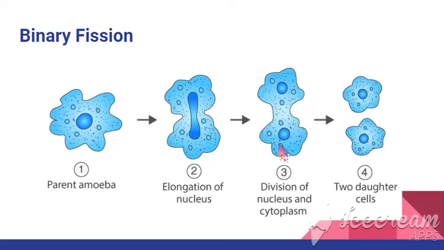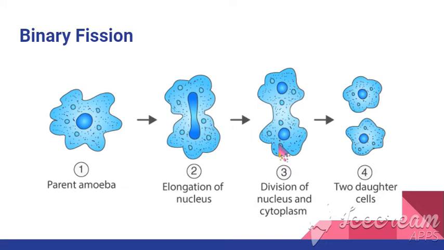So first the genetic material, the nucleus, divides into two nuclei, plural it is nuclei. And next the body divides into two equal parts, each part getting a nucleus. Okay, finally two daughter cells are produced.